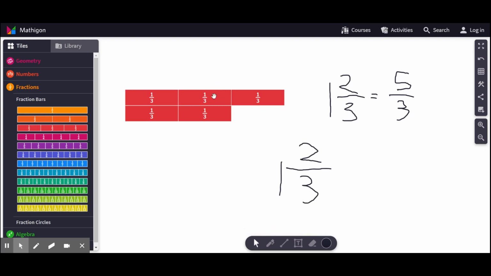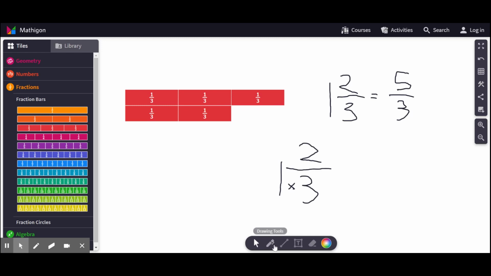Think back to what we did. We started off with 1 whole and 2/3, and we took this 1 whole and multiplied it by 3. We took 1 whole and broke it into 3 pieces. So we did 1 times 3, which gives us 3/3 pieces.